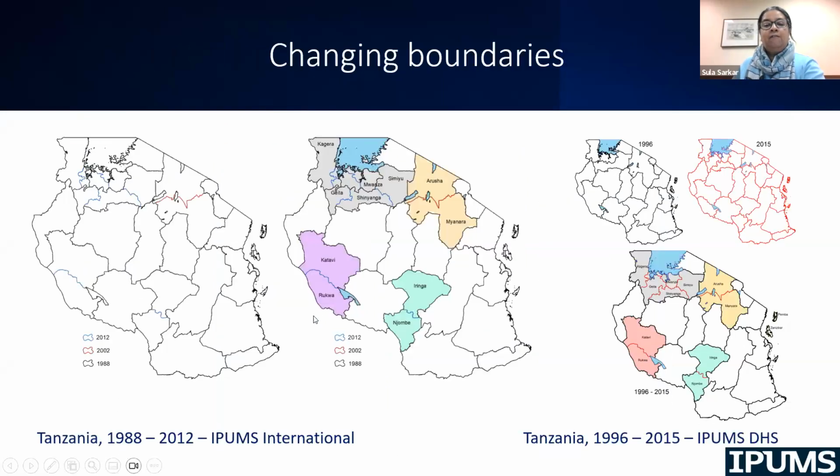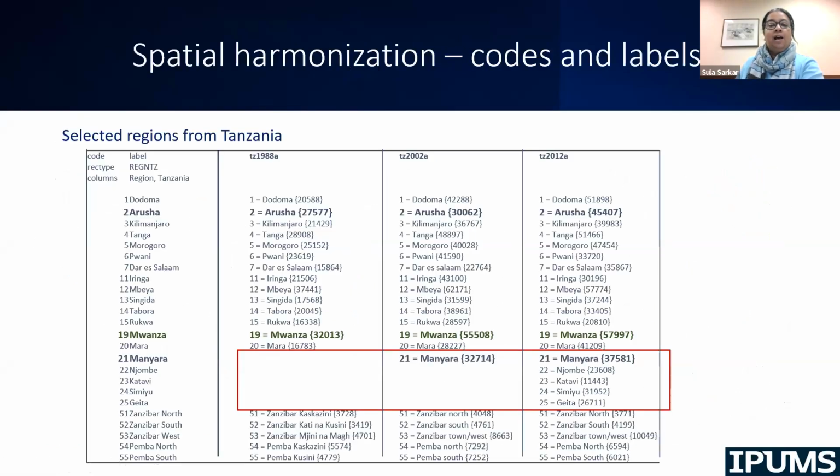But if we go back, Arusha actually changed: there were 2 units, which were Arusha and Mayanara. At the bottom, you have Mayanara, which did not exist in the first year but was there in the last 2 years. These 2 were carved out from Arusha. So change is real, and we need to account for that.